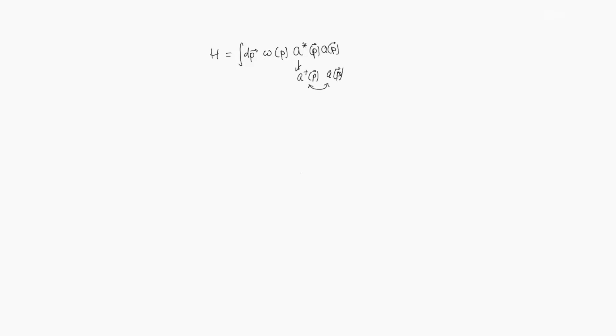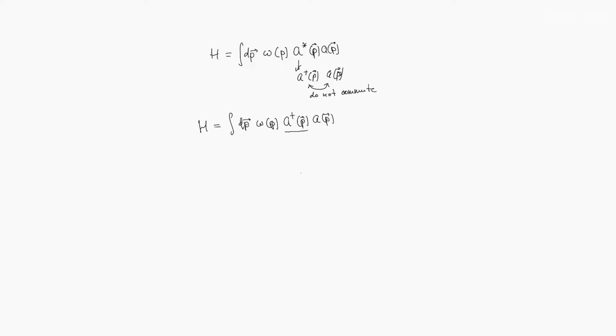And therefore, the order of these operators in any operator expression, which you construct with the help of A and A dagger, matters. So the order matters. And for the case of the Hamiltonian, one accepts to write the following expression for the quantum Hamiltonian: A dagger of p, A of p, meaning that operator A dagger stands on the left from an operator A of p.